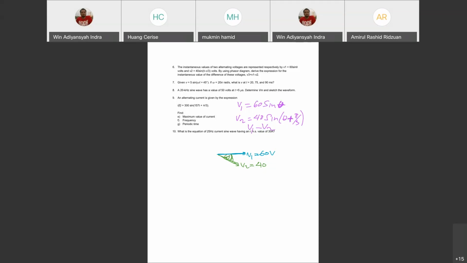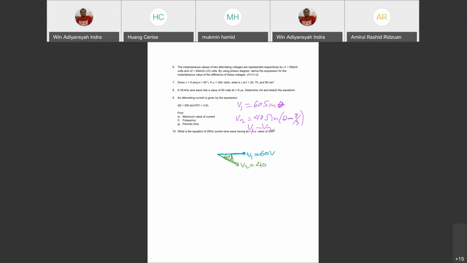So the phase will go up, this one, 60. V2 is 40. But since this one is minus, it goes down, below the x-axis. Okay?